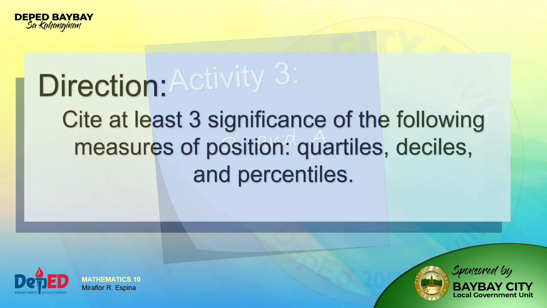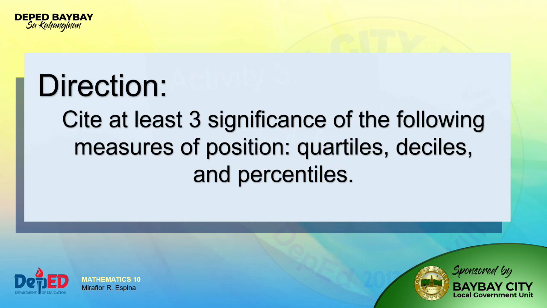The next activity is called Q&A. Cite at least 3 significance of the following measures of position: quartiles, deciles, and percentiles. You are given 15 seconds to answer. Your time starts now. Alright, time's up.